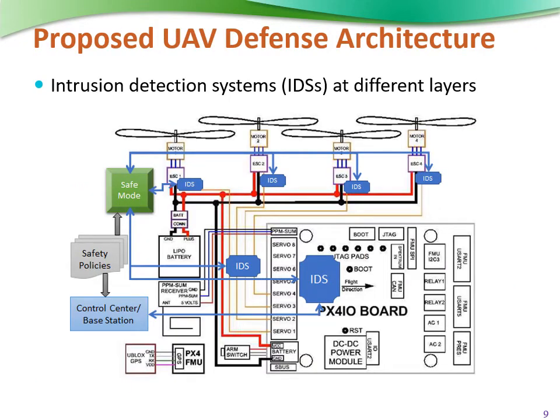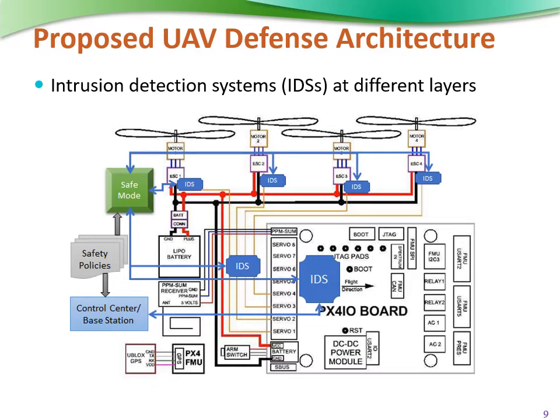As we have seen, a UAV can be attacked from different levels of the control, from the very top, the sensor data, down to the hardware Trojan. We propose three layers of intrusion detection systems to defend it from any potential intrusions.